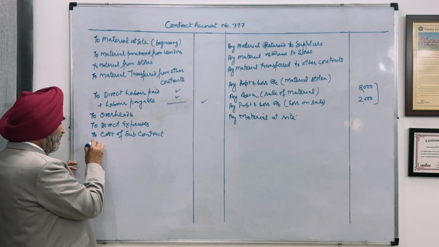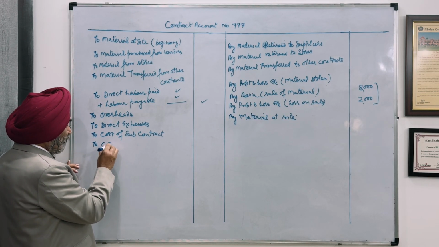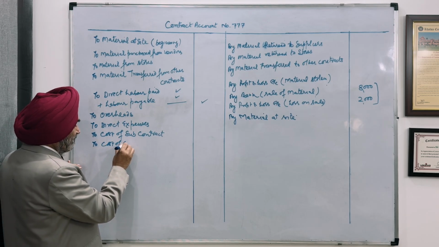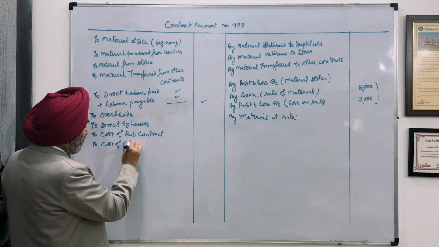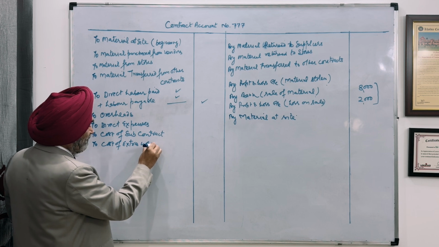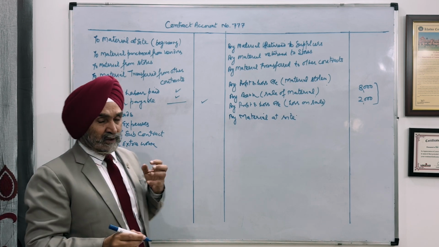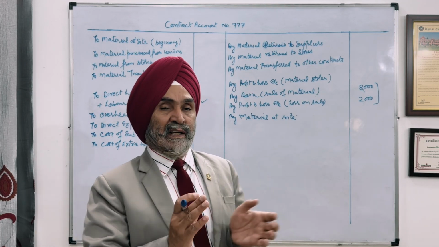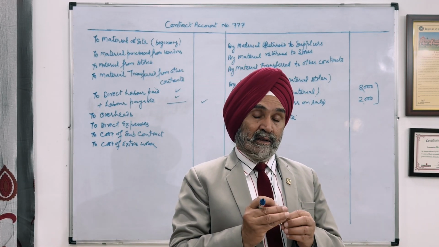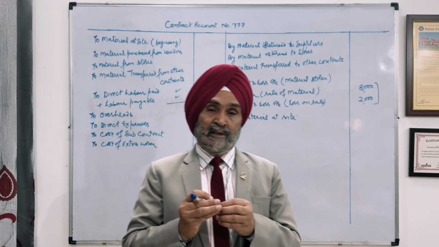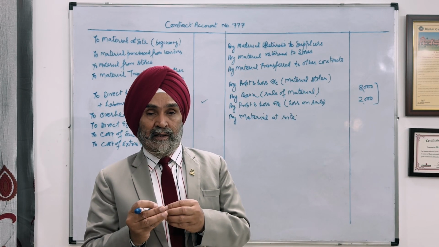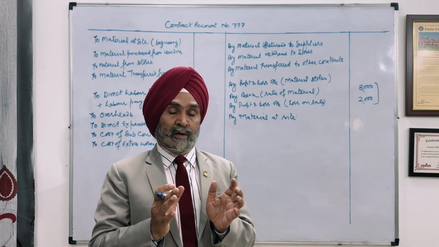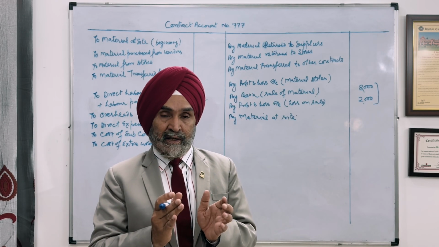Then there may be the cost of extra contract or extra work. Sometimes, suppose a contract entered into is for 20 lakh, but afterward some enhancement is made. In contract terminology, this is called enhancement.